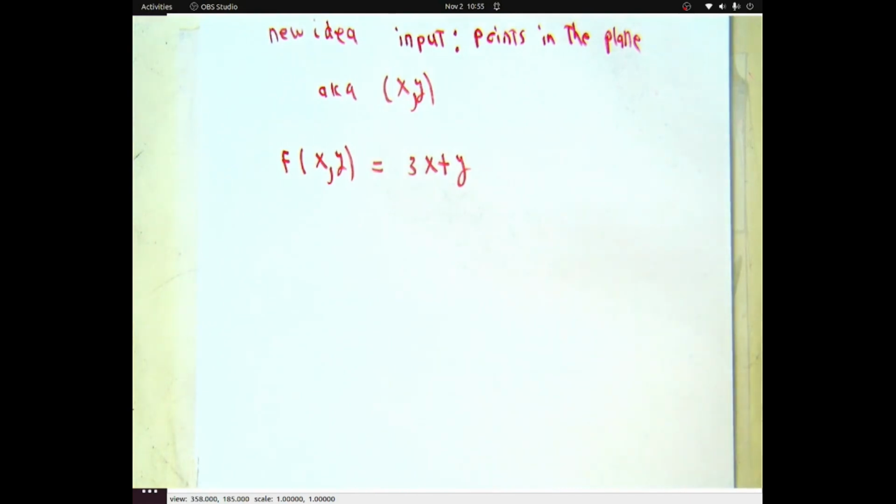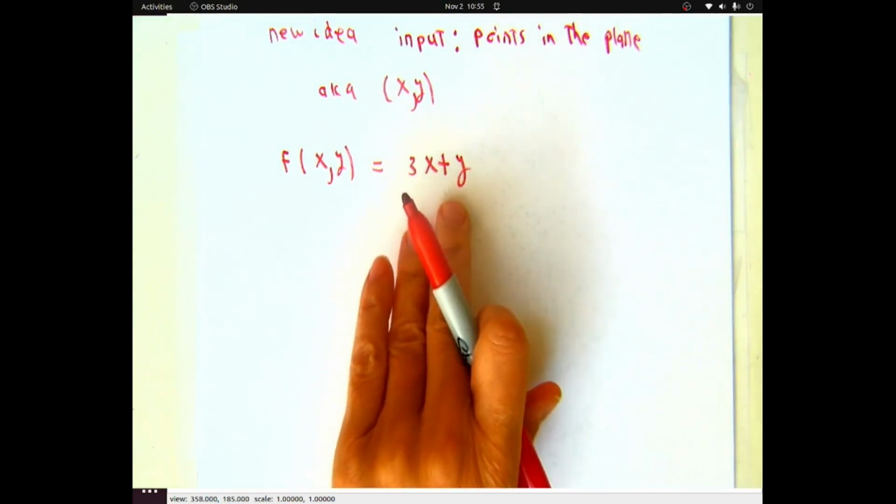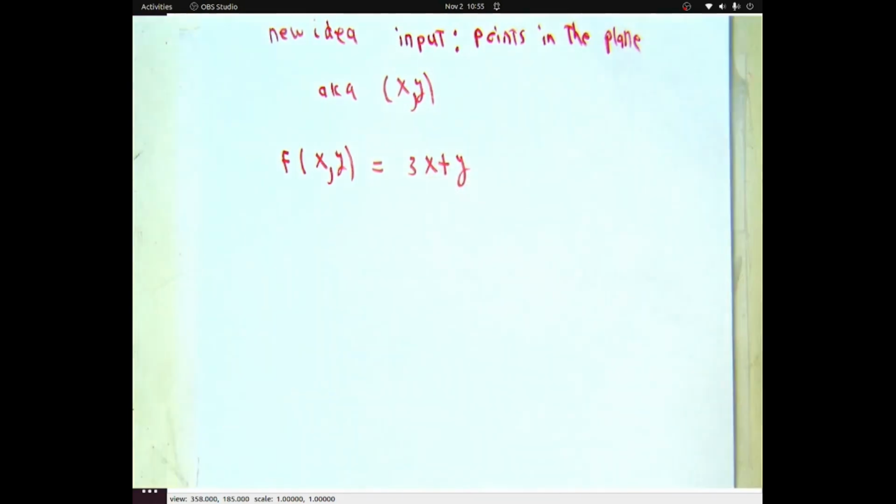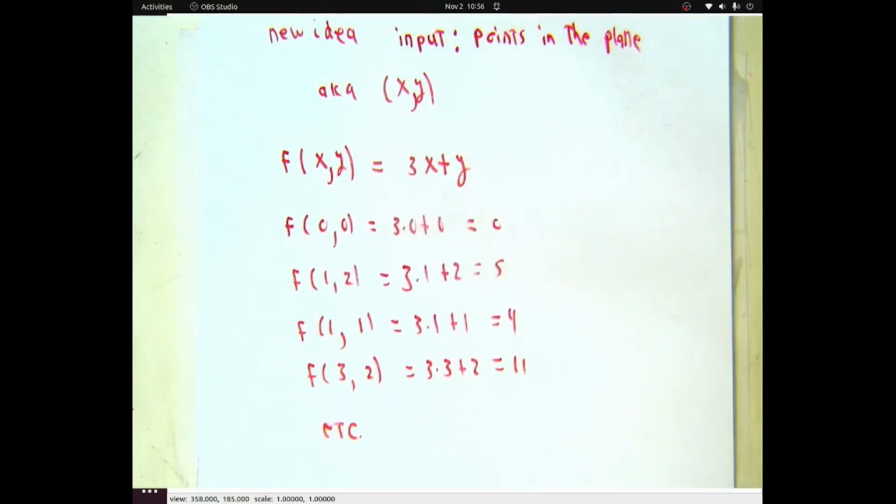You hand me a pair of numbers, x and y, and I'll hand you back a number to go with it, the value of function f at that point. Just as with ordinary functions, I can pick various inputs, which in this case will be various x's and y's, to put into this procedure and get a variety of different answers back again.